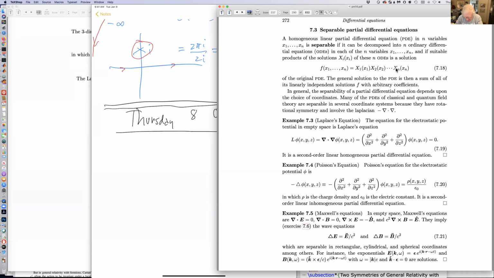And separability turns out to be sometimes related to symmetry. And in fact, symmetry shows up in a funny way in many cases. Often it shows up and we don't recognize it as symmetry.